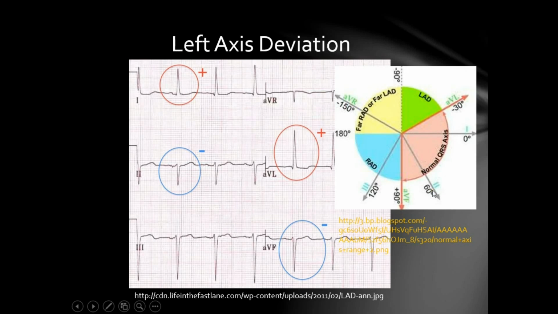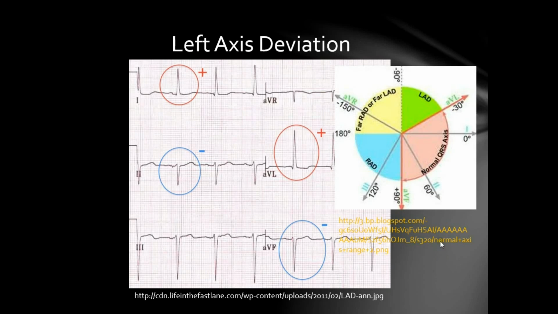But since 2 and aVF are negative, it's going to be somewhere here. So it's within 90 degrees of lead 1, but it's more than 90 degrees away from 2 and aVF. So it's going to be somewhere between minus 30 degrees and minus 90 degrees.